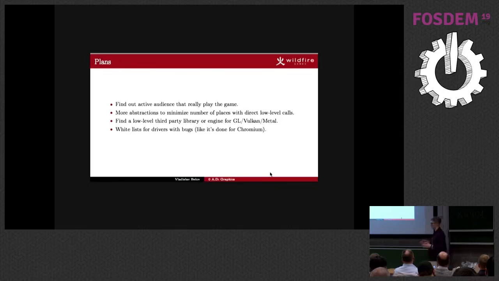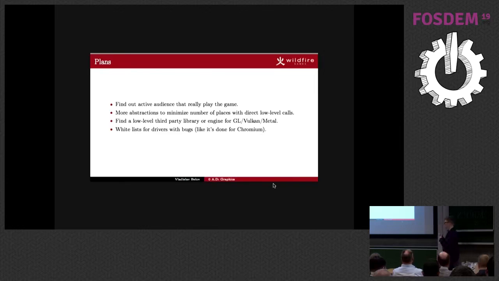For example, you have a Raspberry Pi, and you just run the game on it because you want to prove that you're able to run the game on the Raspberry Pi, but you don't actually play it. So sometimes players with OpenGL 1 or OpenGL 2 are not real players, and we should ignore them. So it's one of our steps to improve the graphics.